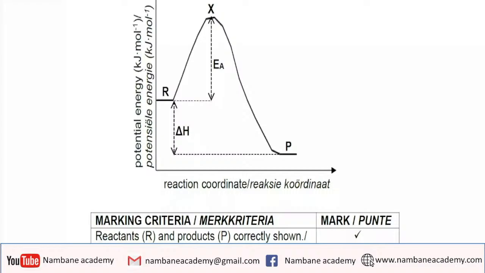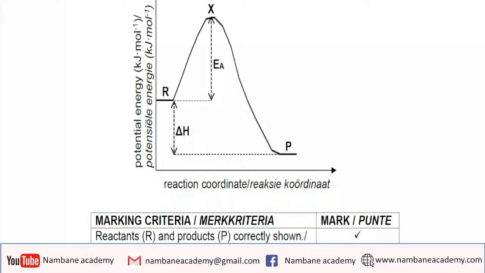The third mark then goes to the activated complex right there at the top, at the peak. If it's written X there, then we can give the learners a mark.